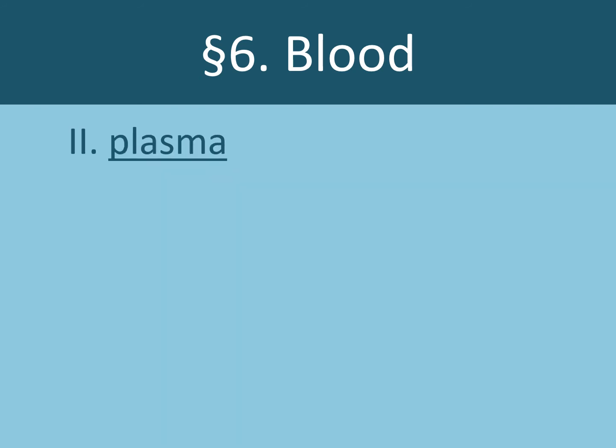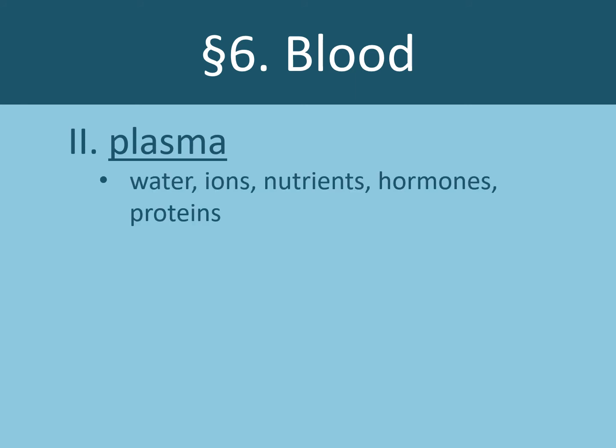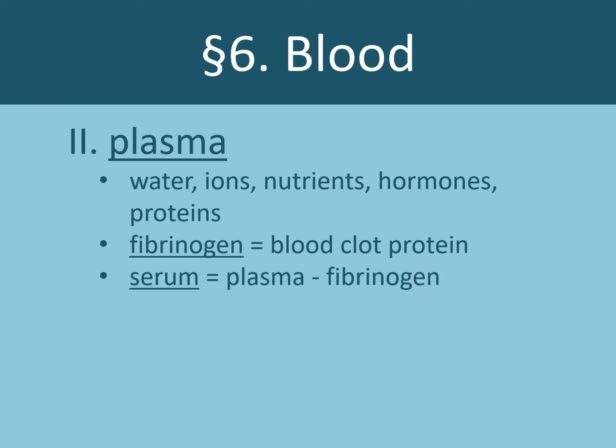The second major component of blood is plasma. Plasma is mostly composed of water, containing dissolved ions, nutrients, hormones, and proteins. One special type of protein is fibrinogen. This is the protein that helps blood clot. Serum is blood plasma that has had the fibrinogen filtered out of it.